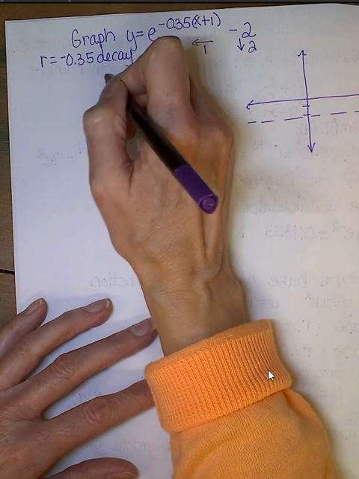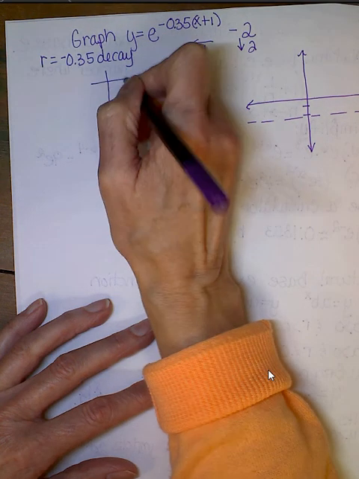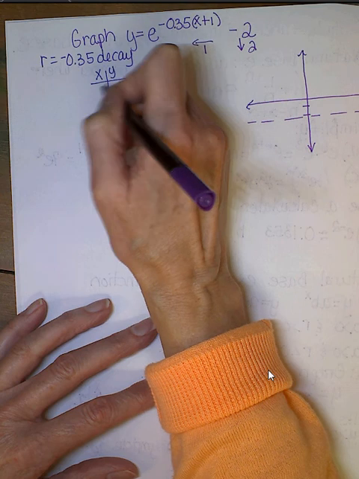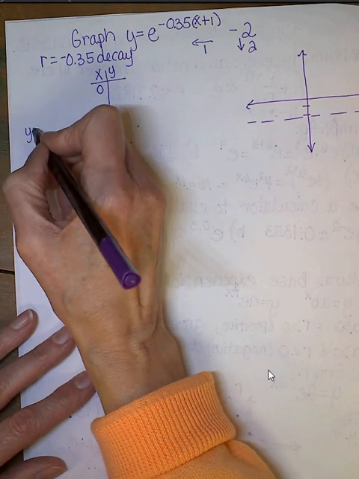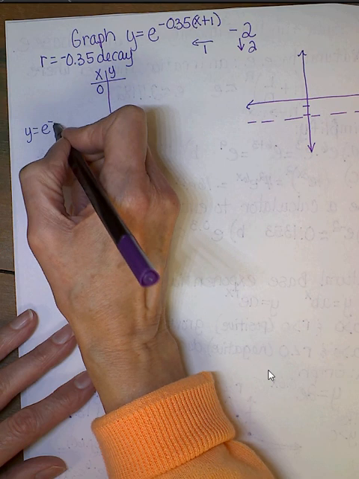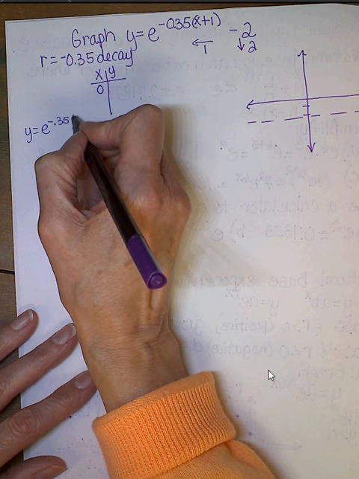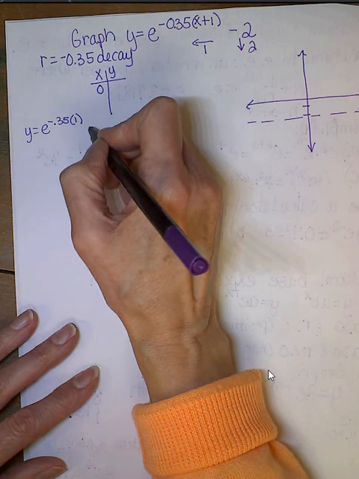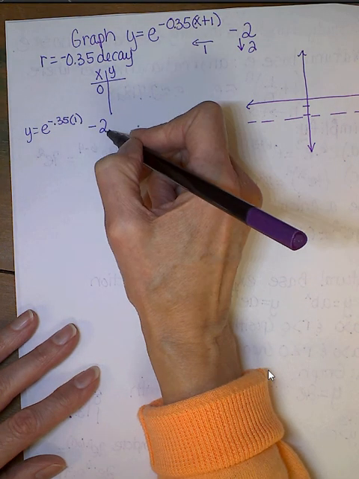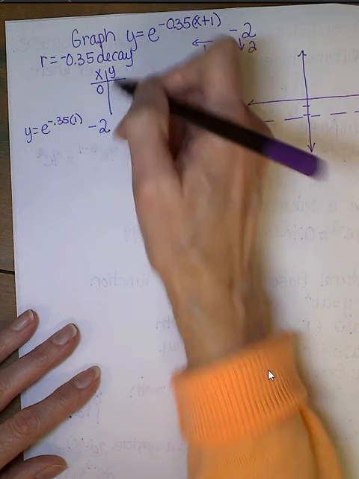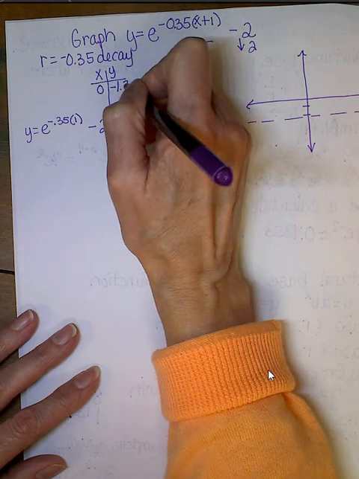We're going to make our XY table and get some points on our graph. If I plug in 0, I'd have e to the negative 0.35 times 1, and then don't forget to subtract out your 2. So enter this in your calculator and then subtract 2, and I get approximately negative 1.3.